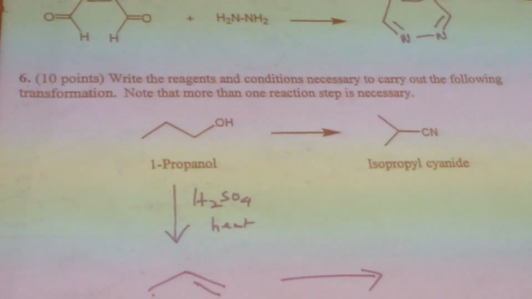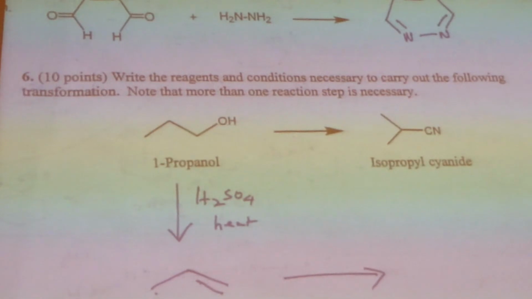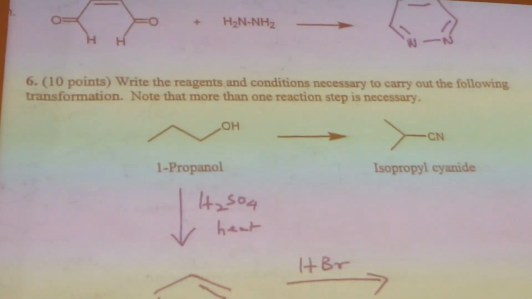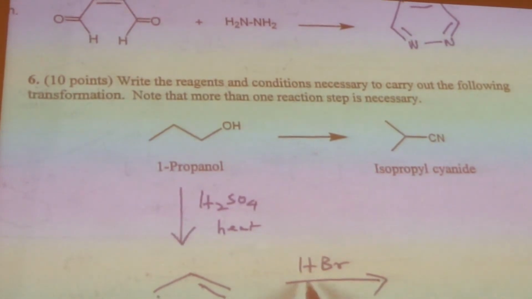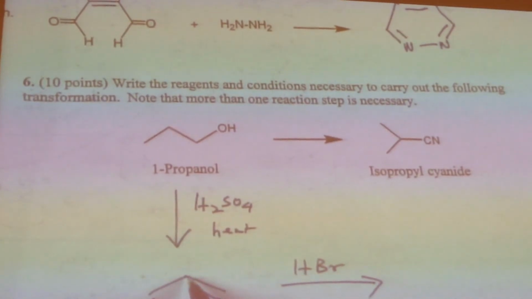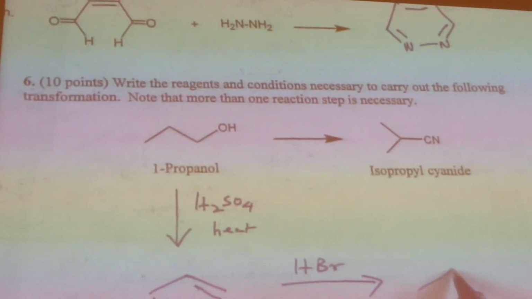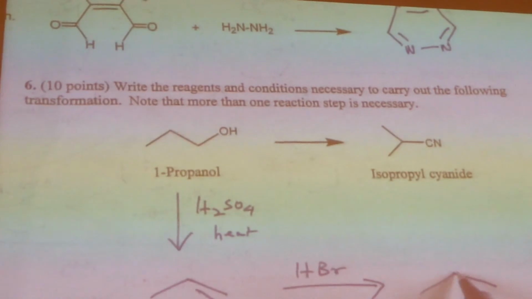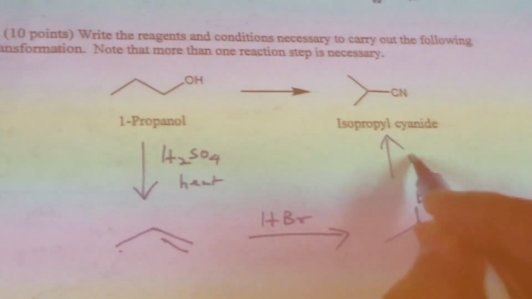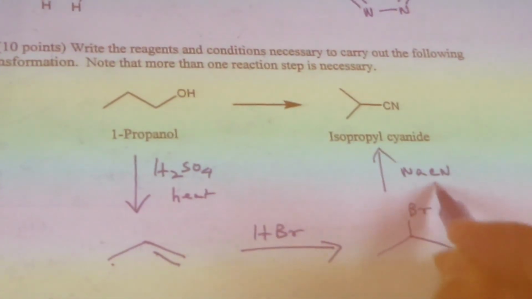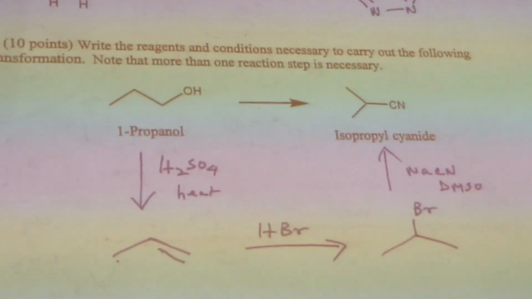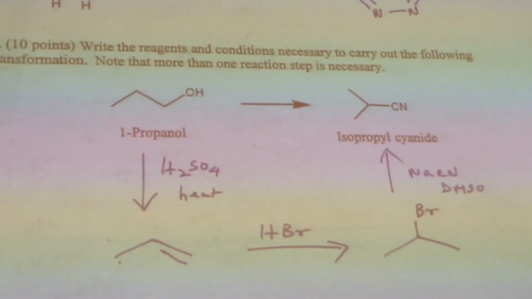Then it is easy to convert it to the bromide or iodide, either one works fine. According to Markovnikov's rule, hydrogen will be added to this carbon, and the bromine will be added there. So this will be formed, and the next step is fairly straightforward: sodium cyanide in DMSO. You carry out an SN2 process.